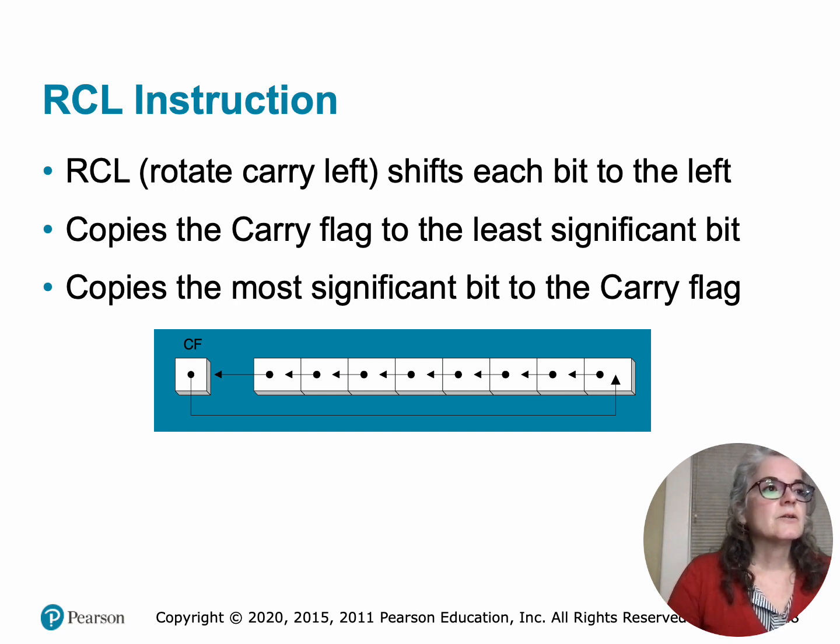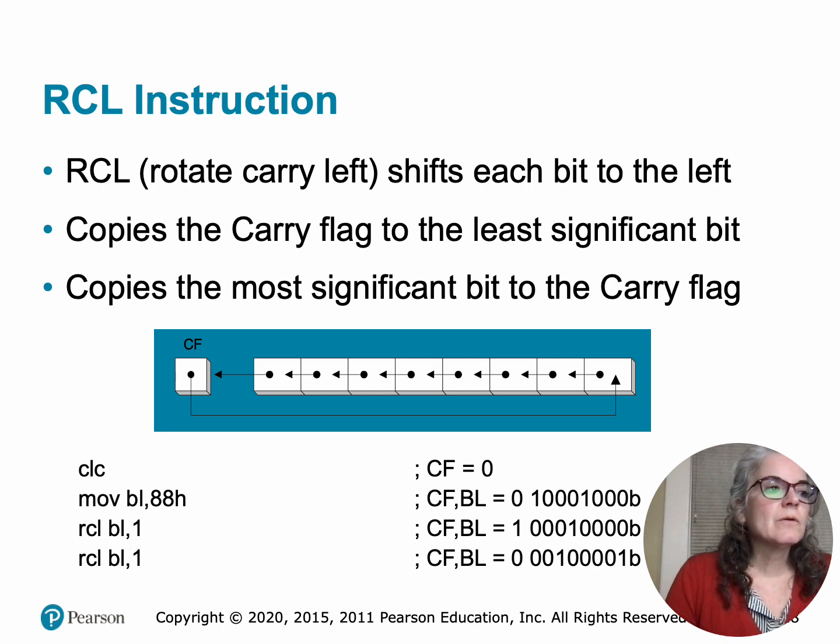So notice this least significant bit here comes from the carry flag, and the carry flag comes from the leftmost bit, which is the most significant bit. So let's say this bit in this position is 0, the 0 gets copied over there, and that 0 gets copied over here too. If this is a 1, carry flag is 1, and the back gets a 1 also. That's the RCL.